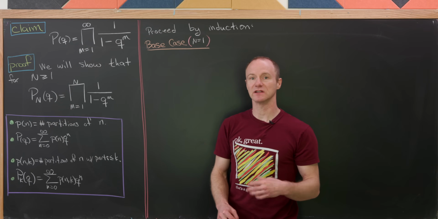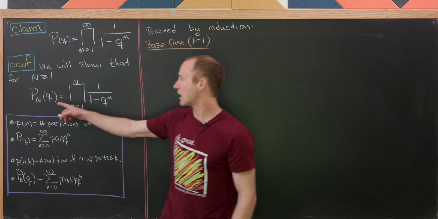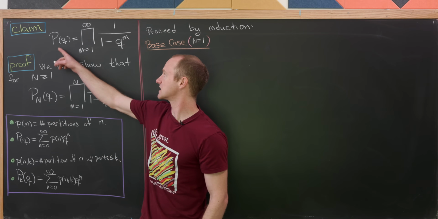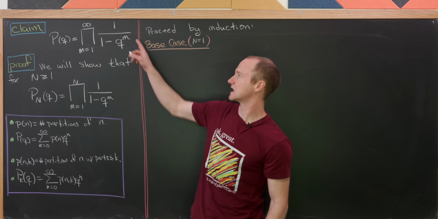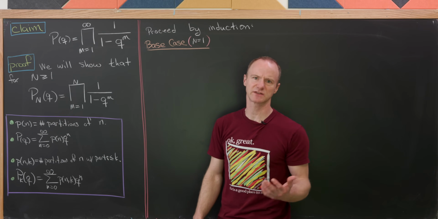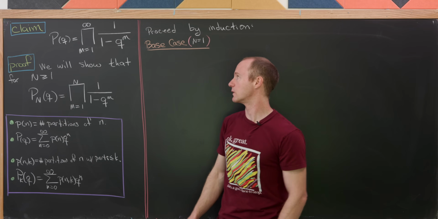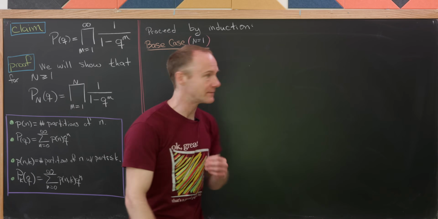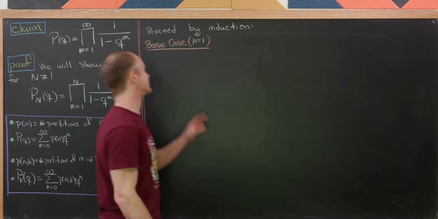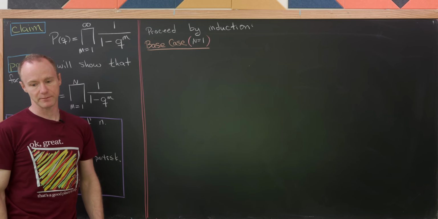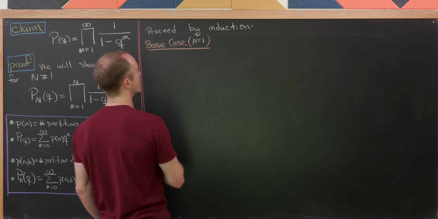But then if we take the limit of this as capital N goes to infinity, this left-hand side coincides with the left-hand side up here, and the right-hand side coincides with the right-hand side up here, thus proving that this generating function has the form that we want it to have. Okay, so we'll prove this statement down here by induction. So let's start with our base case, which will be the case when capital N is equal to 1.